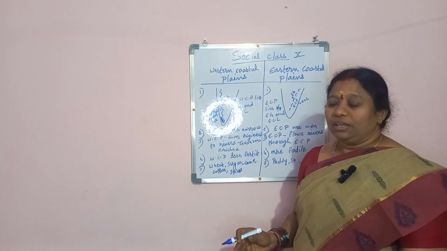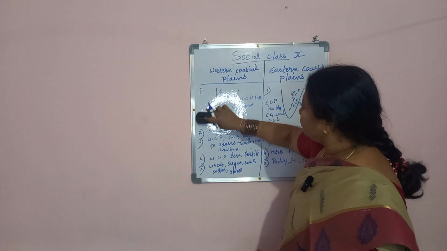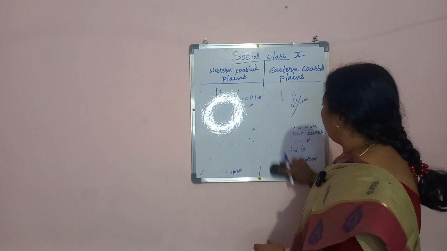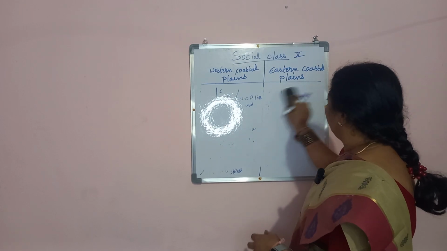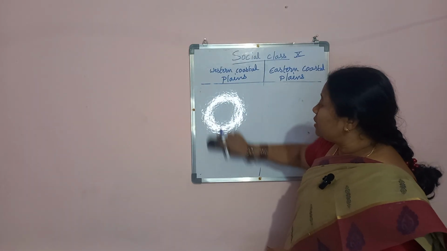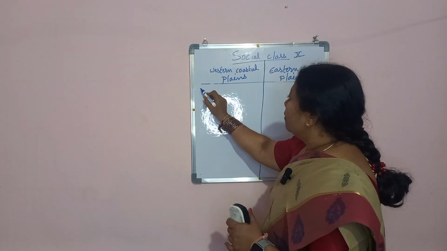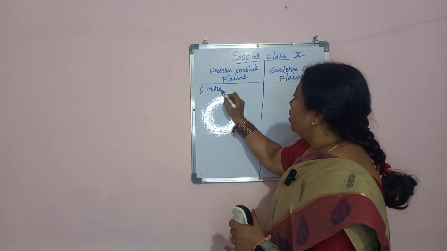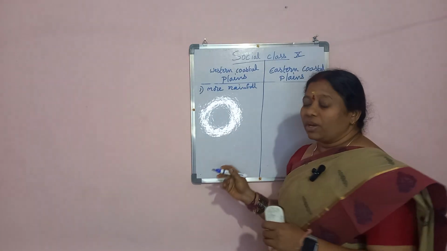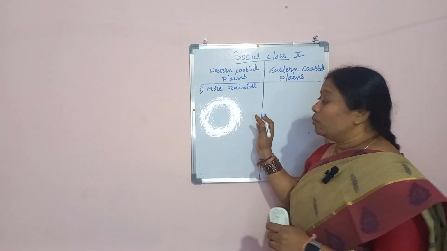And after that, if you observe the next points here, the rainfall in these two regions: western coastal plains are having more rainfall, because as it lies on the windward side of the Western Ghats, we are getting more rainfall.